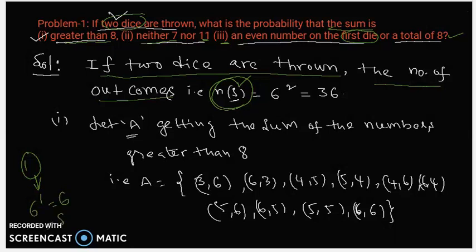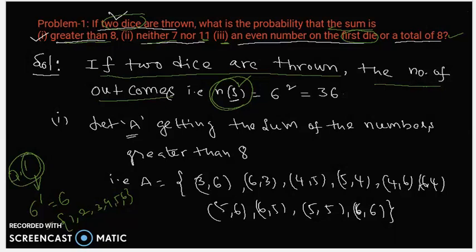All of you know a die has 6 faces, each face having the number 1, 2, 3, 4, 5 and 6. Okay, this is the possibilities when one die is thrown.